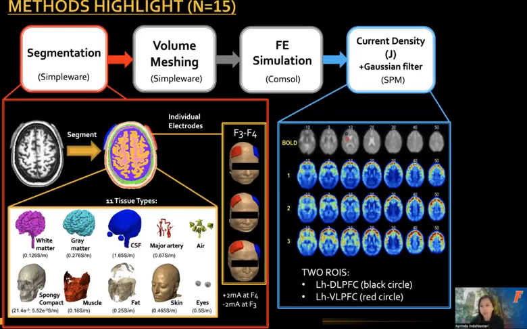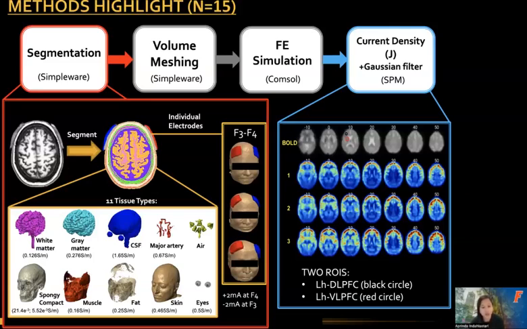We separated the bone into spongy and compact. We also had muscle, fat, skin, and eyes, where the eyes encompass the sclera and lens. In addition to the tissue types, I forgot to mention that the conductivity values that we use for the model are included underneath each of these tissues.